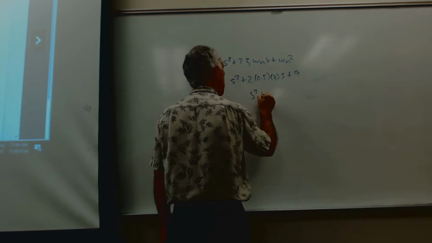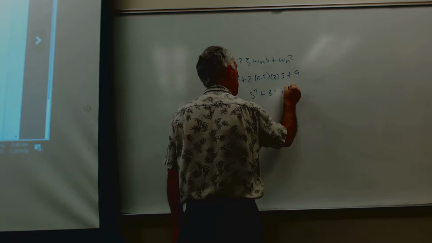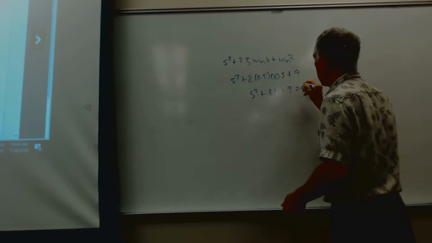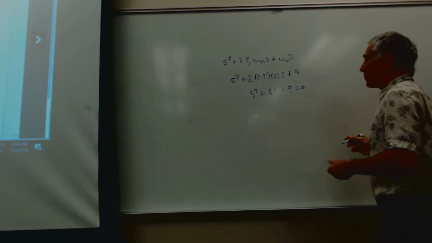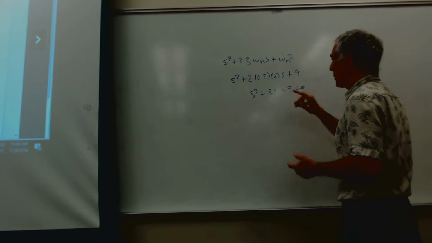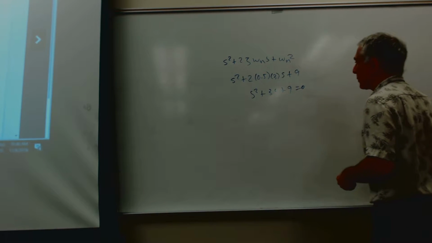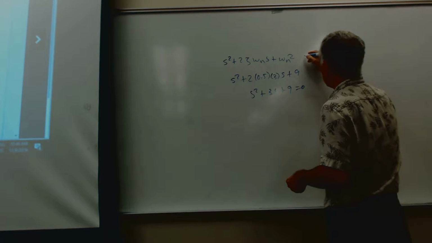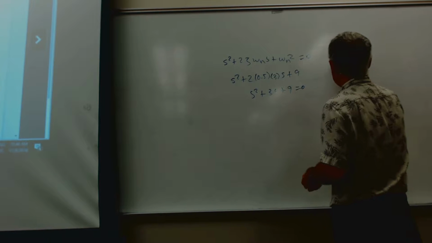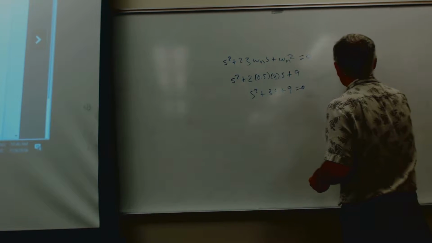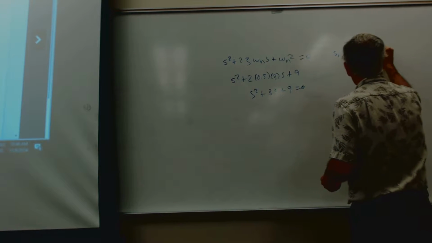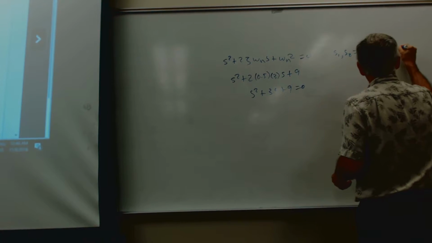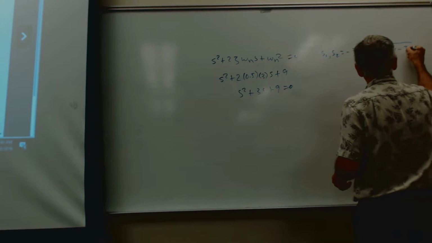We get s squared plus 3s plus 9. You want to find the closed loop transfer function pole, which is a solution of this. In general, if this is equal to 0, s1 and s2 are minus zeta omega n plus and minus j omega n times the square root of 1 minus zeta squared.